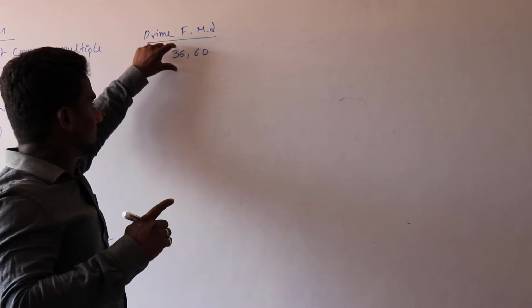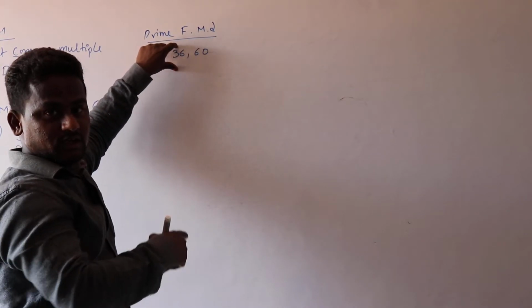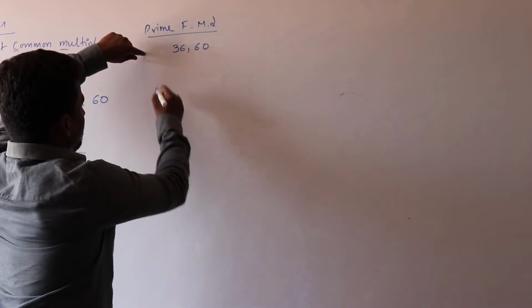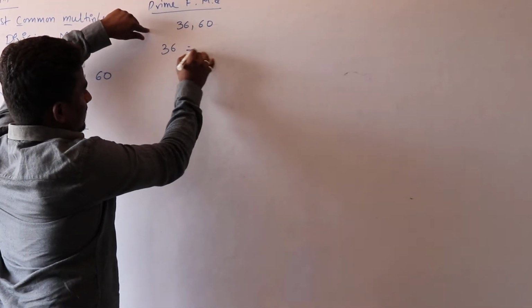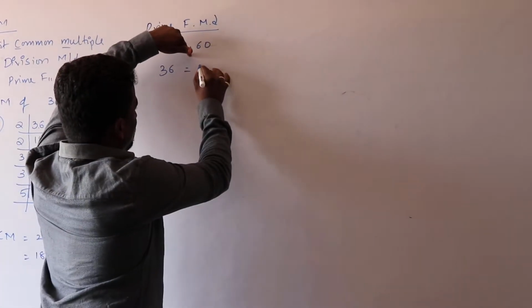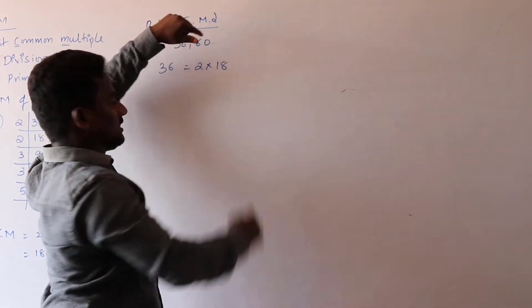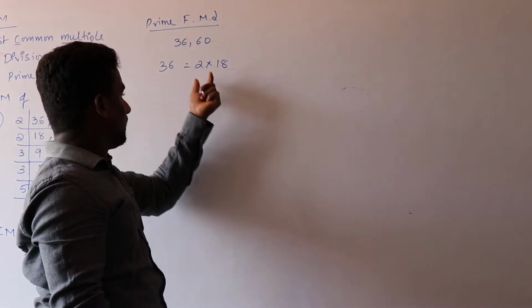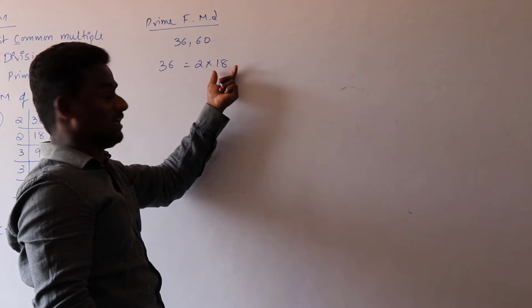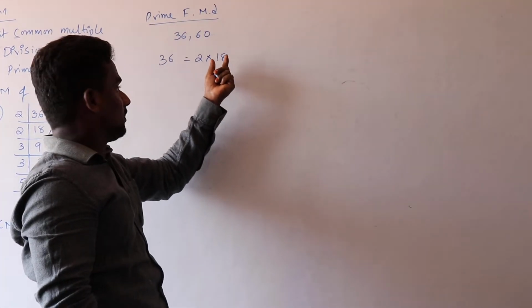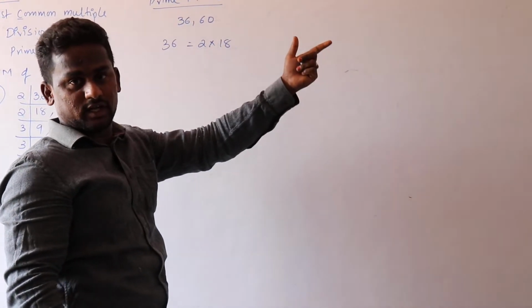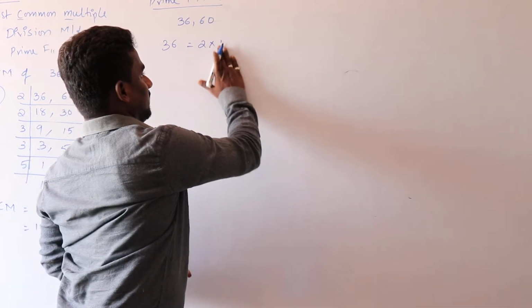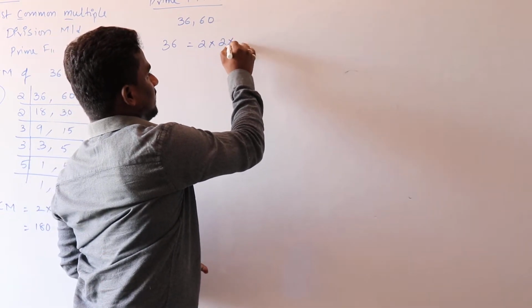We have two methods to get factors, either the division method or the tree method. First I write 36 in terms of prime numbers. 2 eighteens are 36. 2 is a prime number, but 18 is not a prime number. It is a composite number. So you have to convert it again into prime numbers. 18 I write as 2 nines.